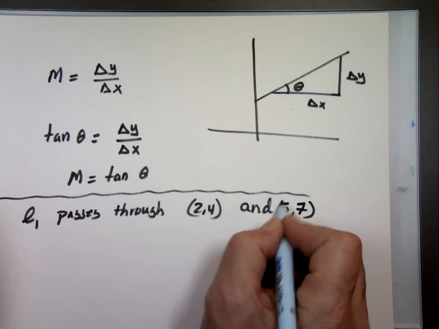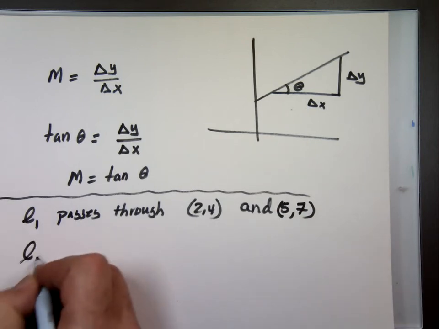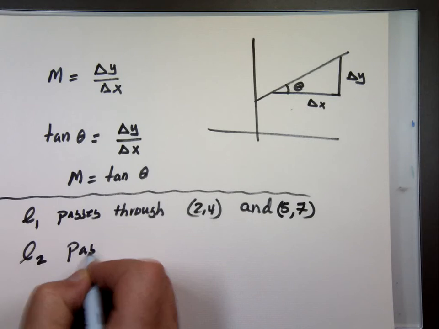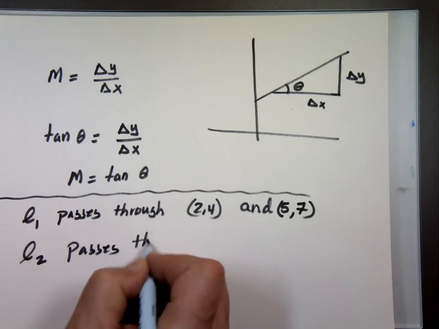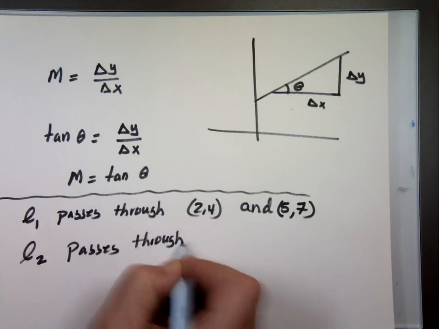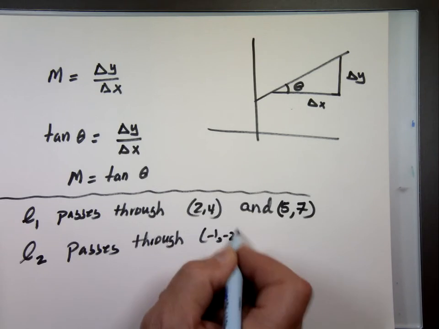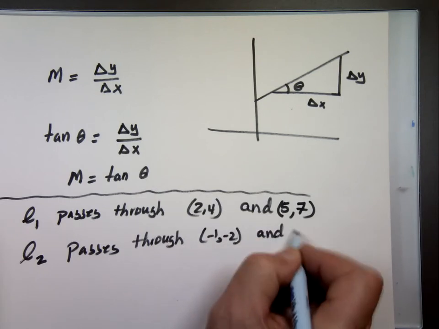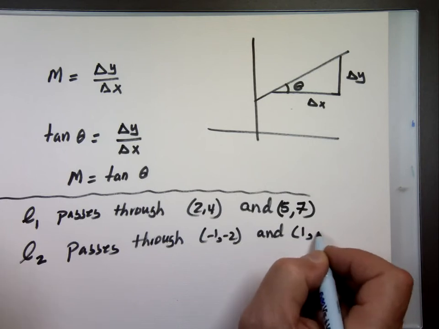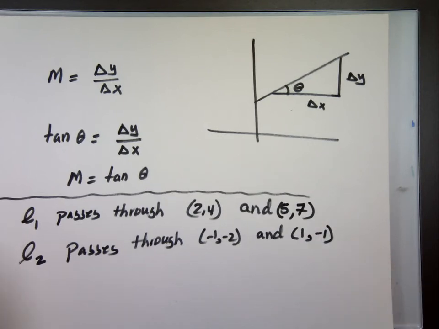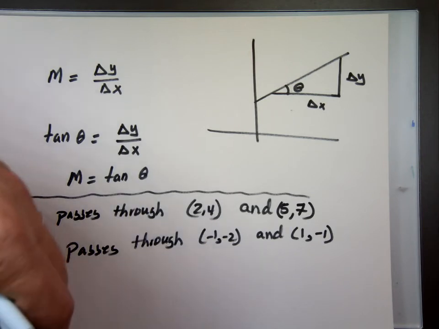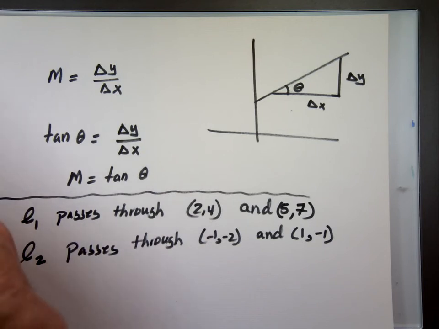Line 2 passes through (-1, -2) and (1, -1). Are these two lines parallel? I don't even want to graph them. Are they parallel? Are they perpendicular? Or neither?